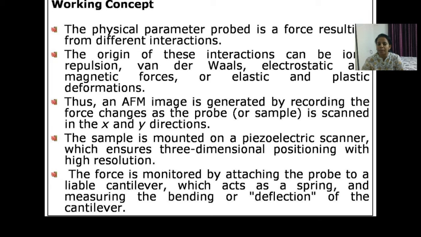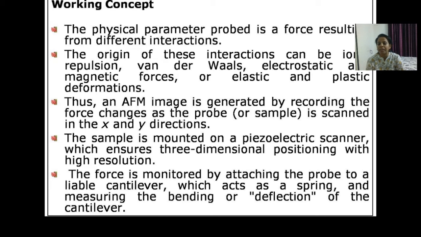Here it is mentioned that the origin can be ionic repulsion, van der Waals forces, electrostatic and magnetic forces, or elastic and plastic deformation. Any kind of force acting between the tip of the cantilever and the sample can be detected by AFM, and from that we get topographic information about the surface of the sample.